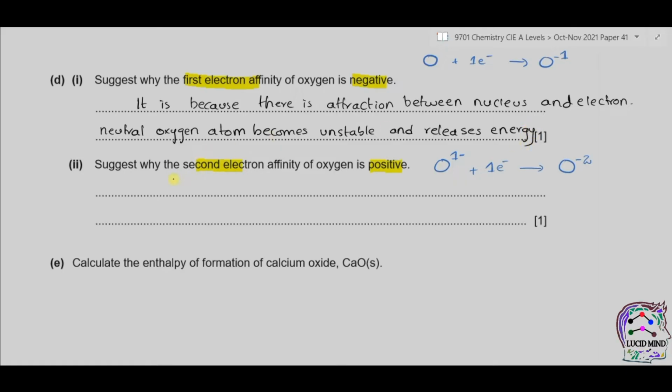For second electron affinity, we can write the reason that it is due to repulsion between negative charge on oxygen atom and incoming electron.